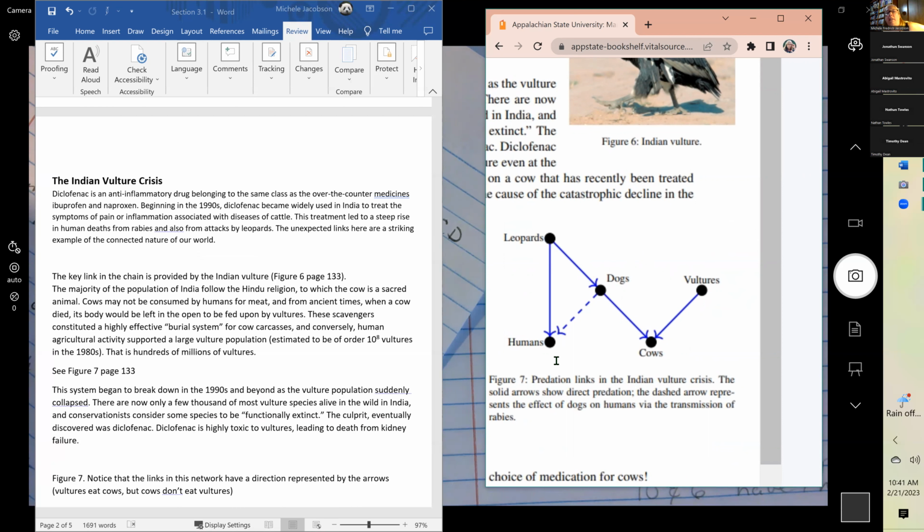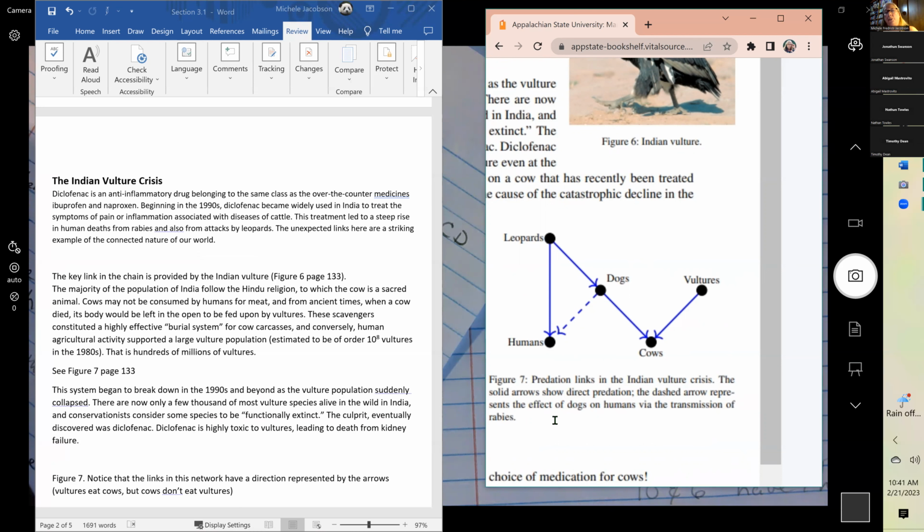Because these are becoming ill, leopards came in and attacked the humans and the dogs. The dogs gave the humans rabies. Now this one, the dog wasn't actually attacking. It was because of the rabies and a bite. And that's why it's a dotted line. But it shows the links of the Indian vulture crisis.